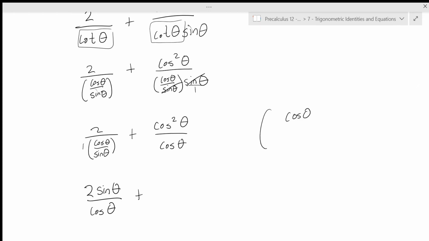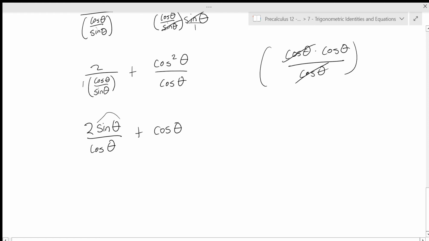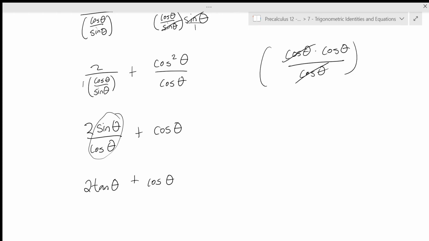Remember, this is cosine theta times cosine theta over cosine theta. So we can cancel one of the cosine thetas. That leaves me with a cosine theta in the numerator. And now I remember sine theta over cosine theta is really just tan theta. So this is really equal to 2 tan theta plus cosine theta. And that looks a lot simpler than what we originally started with.